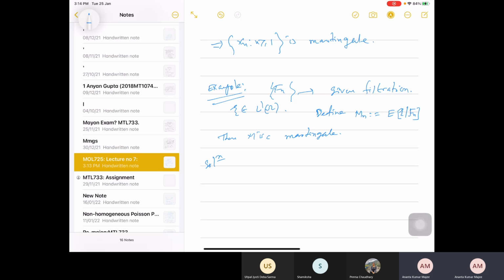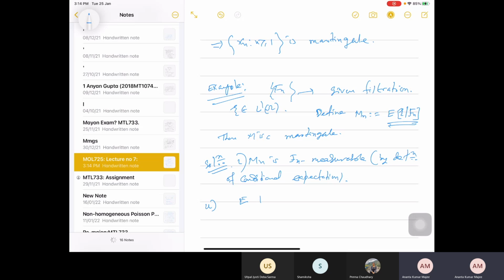So why is this so? One thing you observe is that Mn is Fn measurable, by the definition of conditional expectation. Secondly, we want to consider whether this is integrable or not.